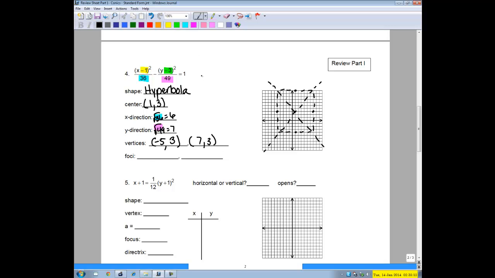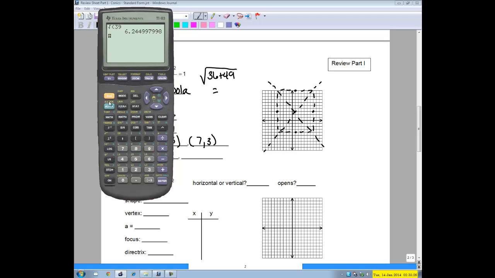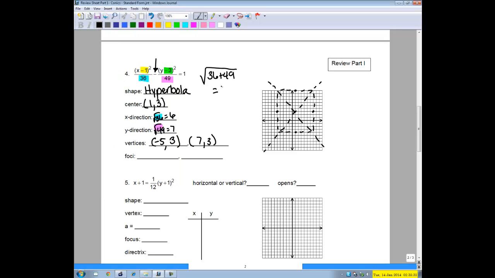Your foci is by taking the square root of the denominators, and this time it's the opposite of this, so we're going to add it. So 36 plus 49. So the square root of 36 plus 49 is 9.2.